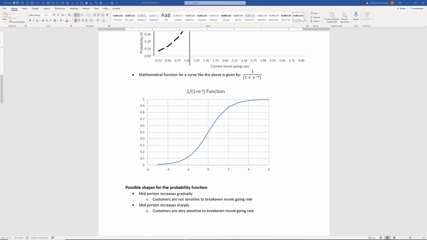As you get closer to the break-even point, will they increase their movie going rate faster? So there must be some factor that affects the rate with which x increases, and therefore the probability increases. Whether the mid portion increases gradually or sharply is going to depend upon how sensitive the customers are with respect to their movie going behavior as they get close to the break-even point.